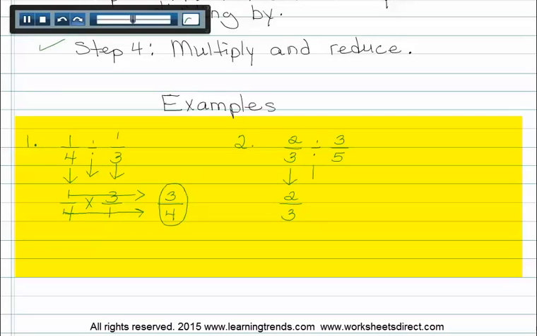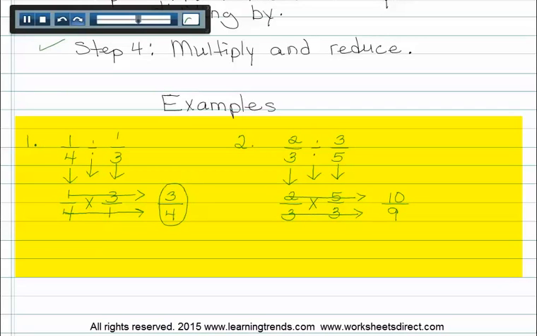Step 2, change our division sign to a multiplication sign. And step 3, we're going to flip or invert the fraction 3/5, and it becomes 5/3. Finally, we're going to multiply and then reduce. So 2 times 5 is 10, and 3 times 3 is 9.